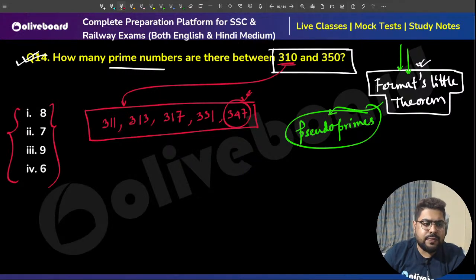But can you guys see any prime that I might have missed?